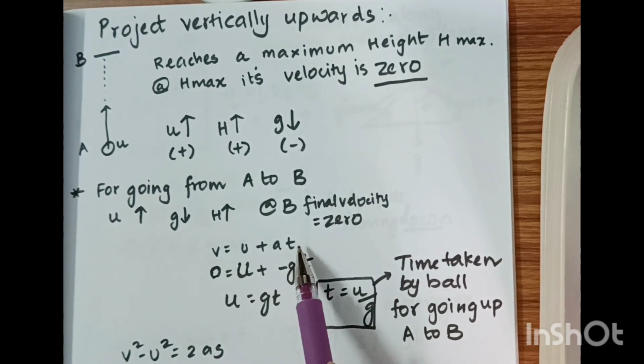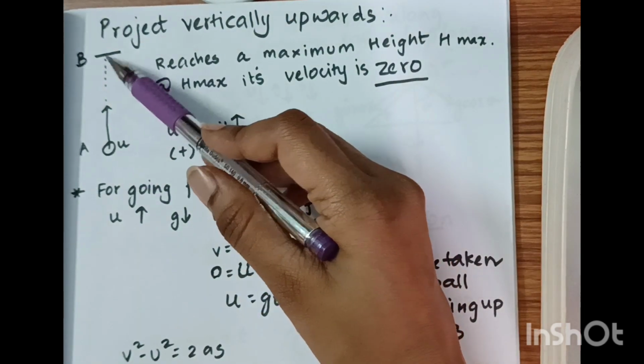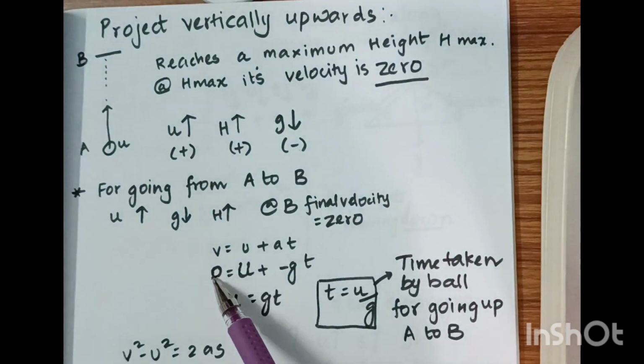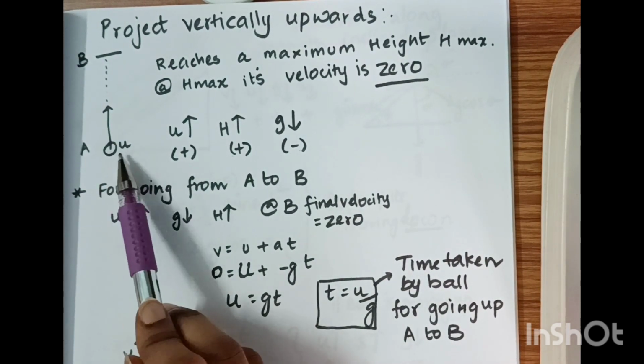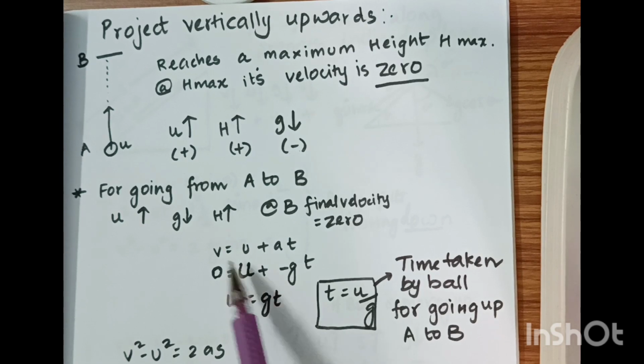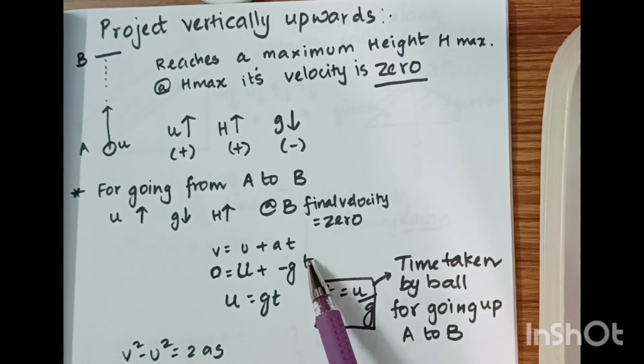V equals U plus AT, this is the general equation. We are considering A to B. So at B its velocity is 0, final velocity is 0. We are projecting upwards with velocity U, so U plus, G is directed downwards, so minus G and T. What is T here?